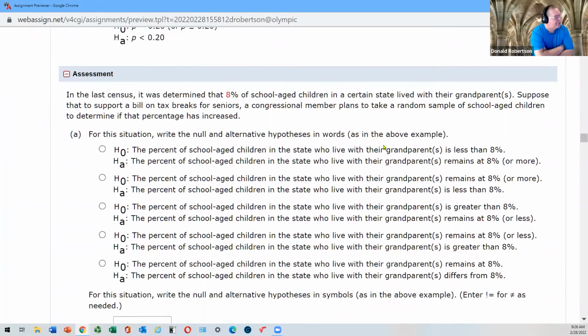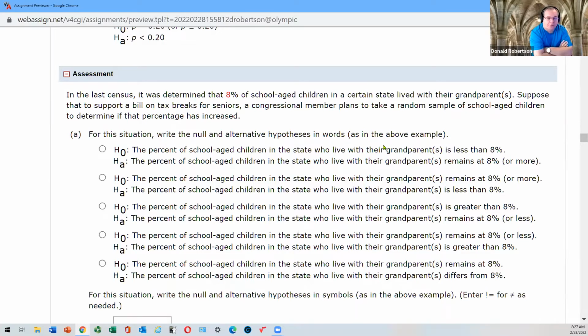In the last census, it was determined that 8% of school-aged children in a certain state live with their grandparents. So the census collects evidently a fair amount of information. 8% of school-aged children in a certain state live with their grandparents. Now, there are lots of reasons why that could happen. The parents may be dead.